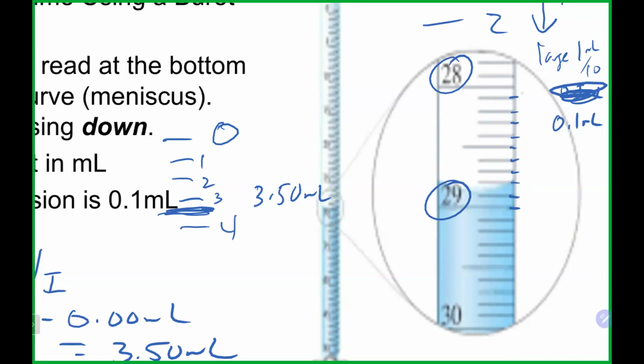So this would be 28, 28.1, 28.2, 28.3, all the way down to 29 as we come down here. So we can see we're at 28.5, 6, 7, 8, and 9 in this particular case.